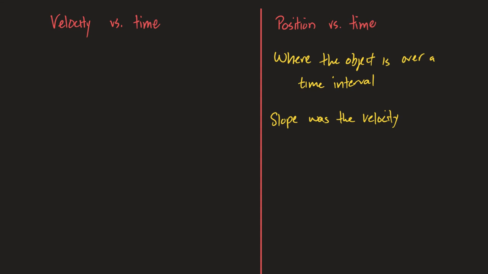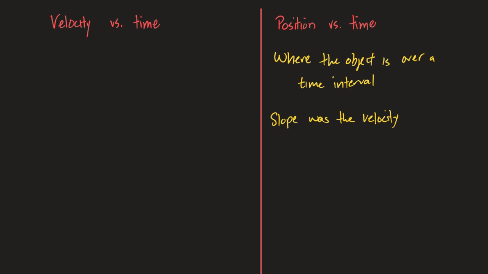I put a vocabulary word to it because it not only told us how fast the object was traveling, but depending on whether the slope was positive or negative, also indicated in what direction the object was traveling. So that's why the word velocity is used here. And that's it. That's the extent of what we came up with. There are other things we can get from a position graph, but that's the extent of what we discussed the other day.